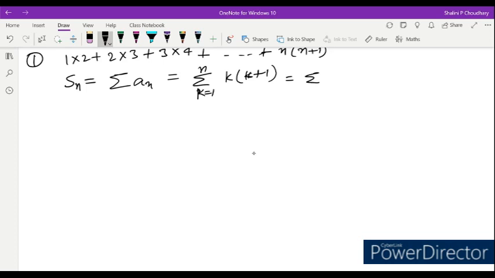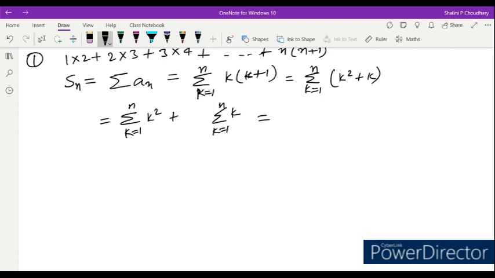So we can write summation of k is equal to 1 to n of k square plus k. Now we can write summation of k is equal to 1 to n k square plus summation of k is equal to 1 to n k.